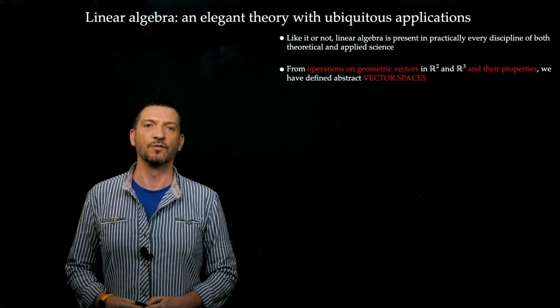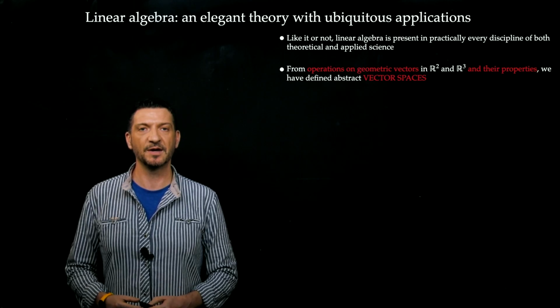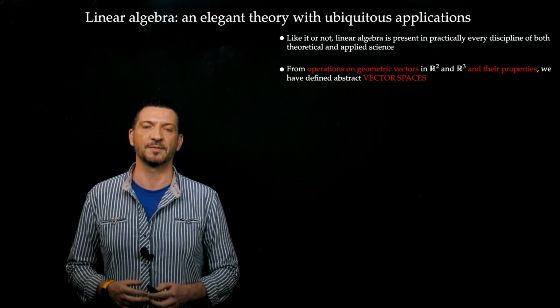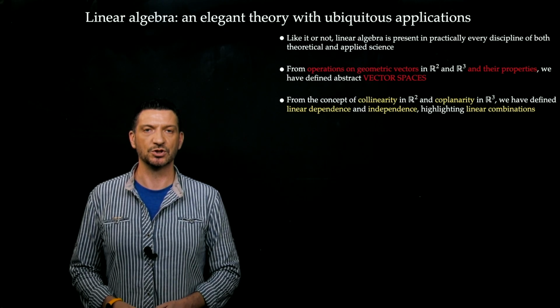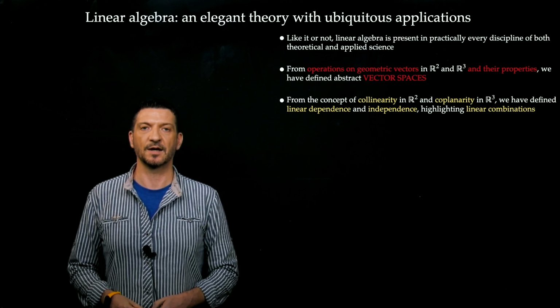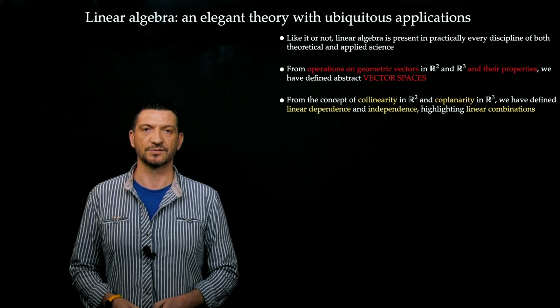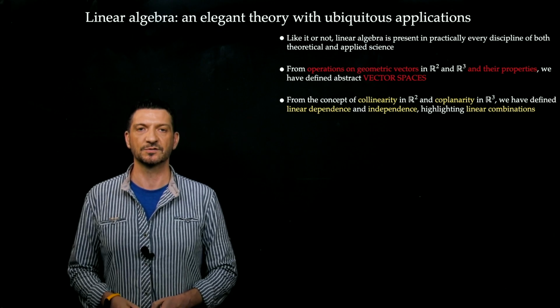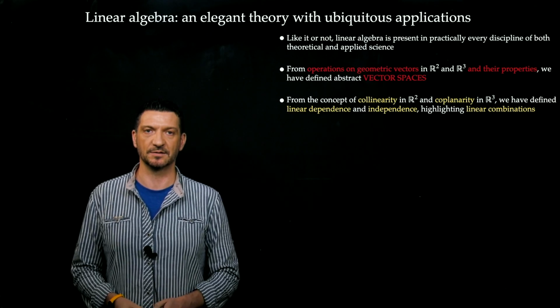It's really hard to overestimate the importance of Grassmann's idea. In fact, it paved the way to construct modern mathematics. As an example, we have seen that mathematicians, inspired by the work of Grassmann, generalized and abstracted the properties of collinearity in 2 dimensions and coplanarity in 3 dimensions in order to obtain the concept of linear dependence and independence.